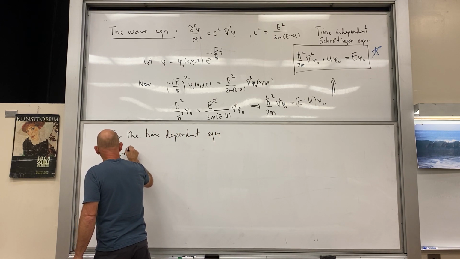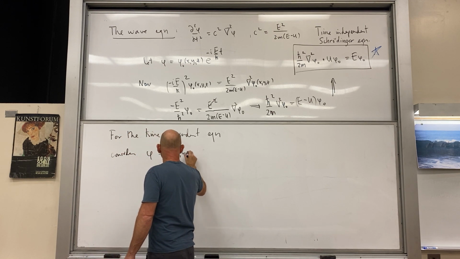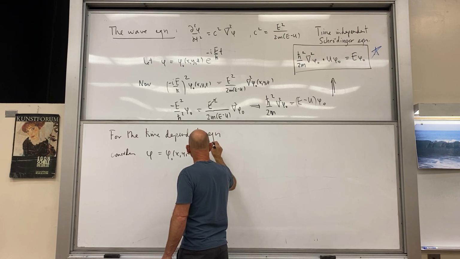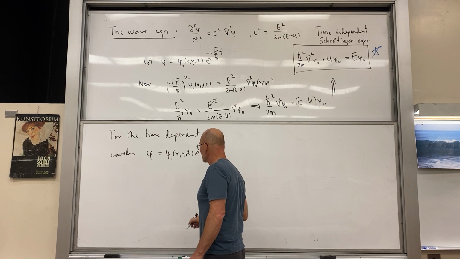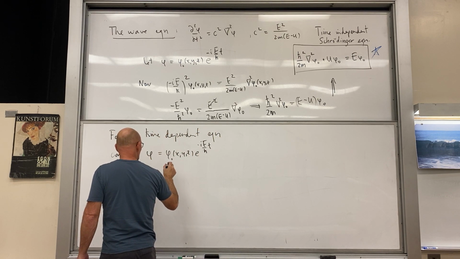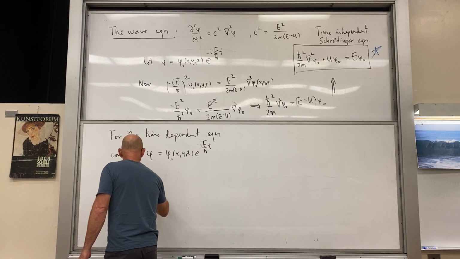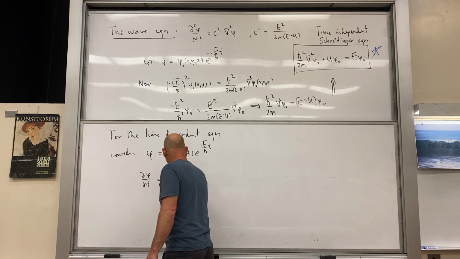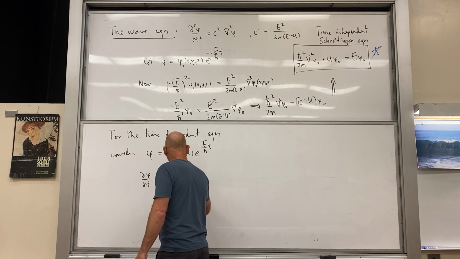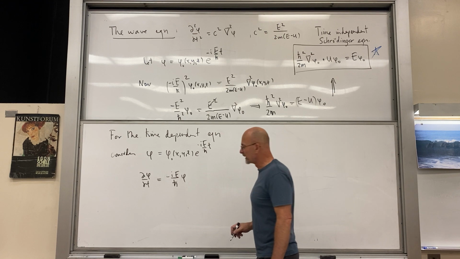Consider, I'll just rewrite it, phi naught of x, y, z, e to the minus i E over h bar t. So what we can do here is note that d phi dt is equal to minus i E over h bar times phi.